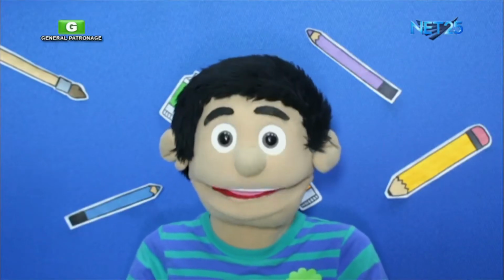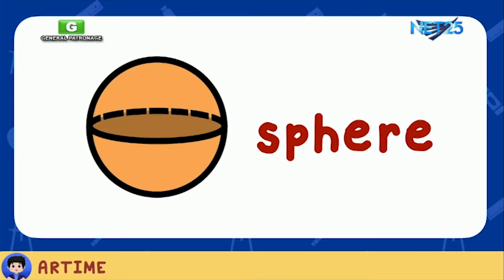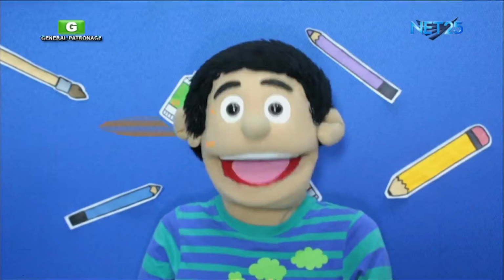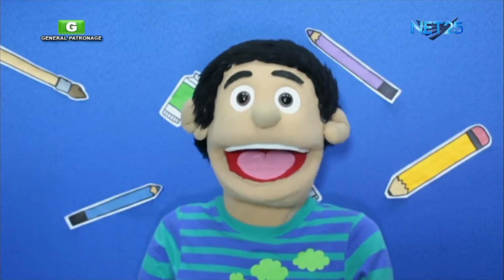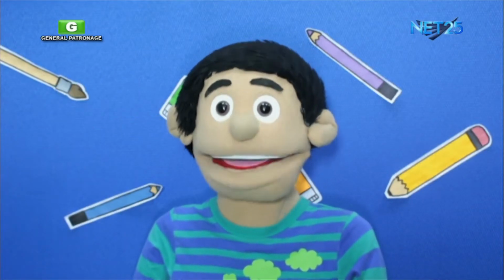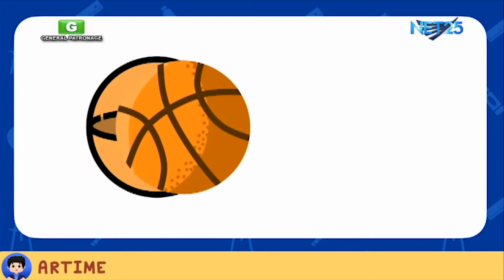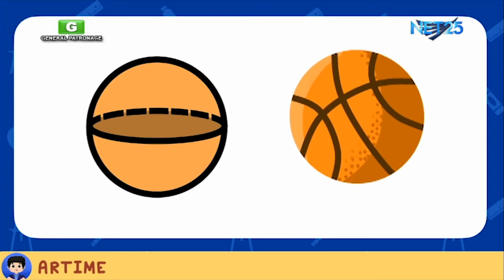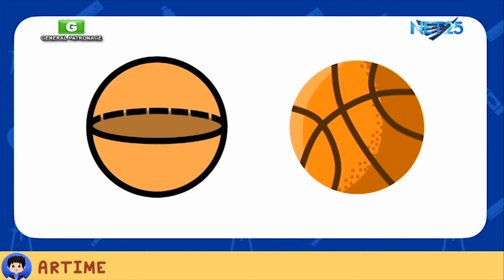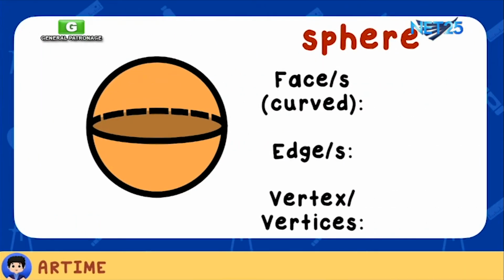Let's try the next 3D shape. This is the 3D shape called sphere. Let's see if a sphere has faces, edges, or vertices. This shape looks like a basketball, right, friends? The sphere has only a curved surface.